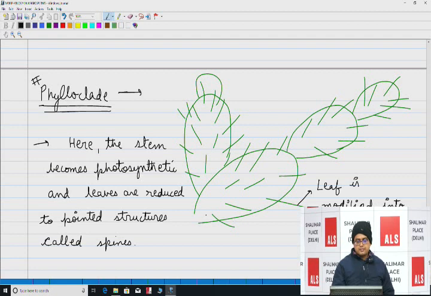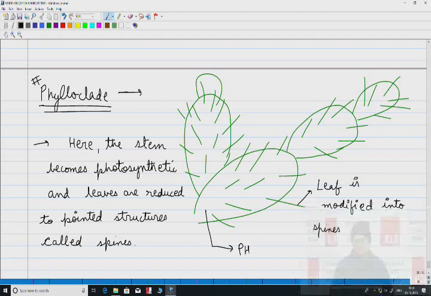And this is the phylloclad. So phylloclad is a photosynthetic kind of structure.